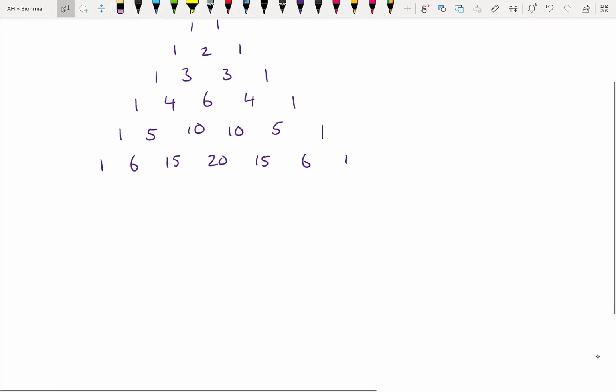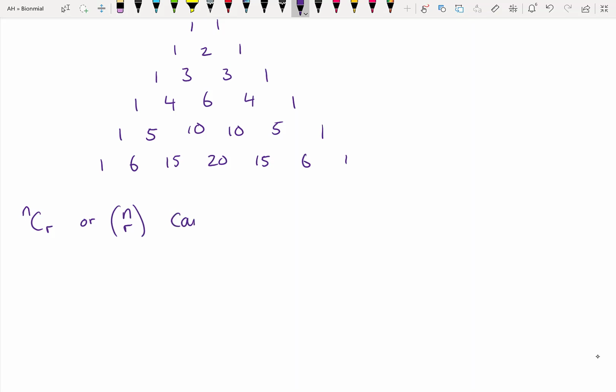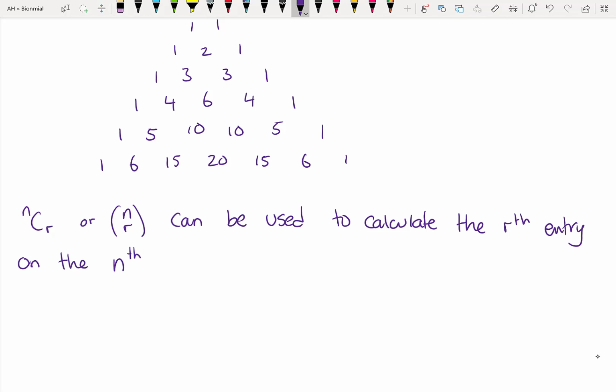Well, thinking back to our combinations and what we did, remembering that our nCr, or n choose r, can be used to calculate the rth entry on the nth row of Pascal's triangle.